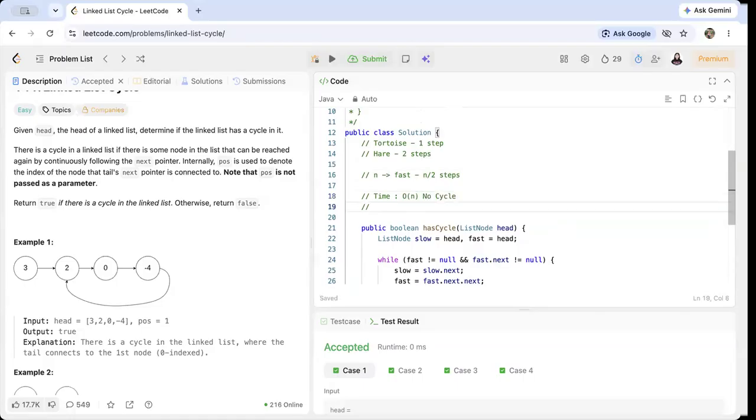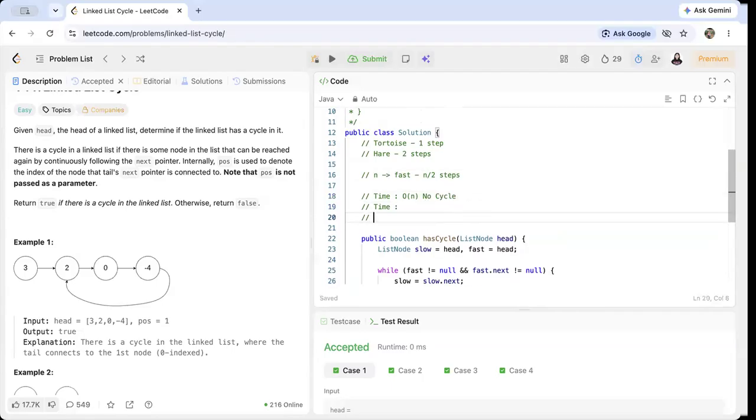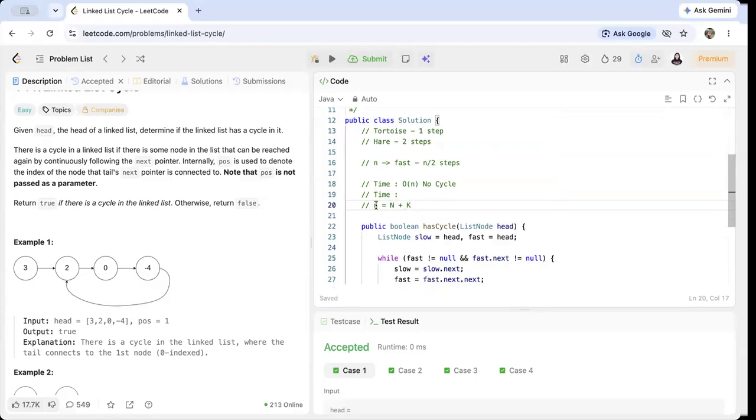And what happens if there is a cycle? Let's say n is the number of nodes in the non-cyclic part, and k is the number of nodes in the cyclic part. My fast will keep running in loops in the cyclic part.